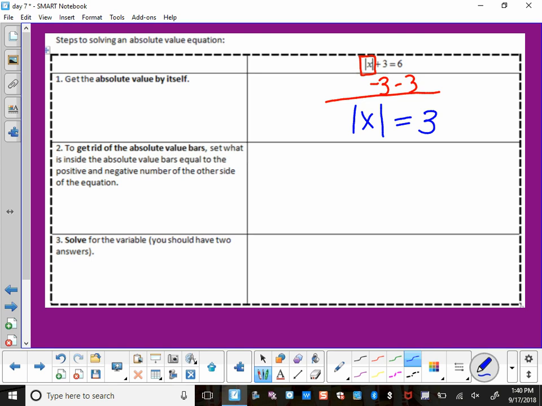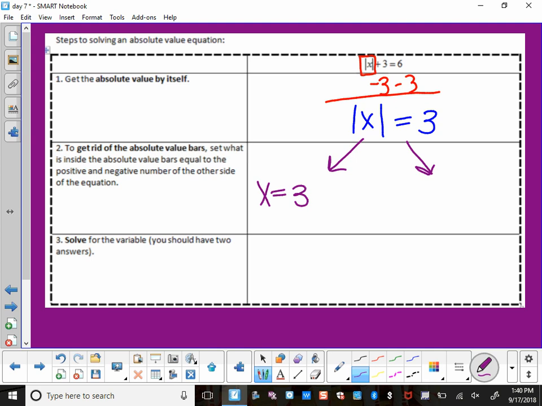All right, step 2. To get rid of the absolute value bars, you want to set what is inside the absolute value bars equal to positive and negative. So, a quick way of saying that is, once we get absolute value by itself, I split it up into two equations. My first equation, I drop the bars, and I keep my answer the same. So I just drop my bars on x, my 3 stays the same.